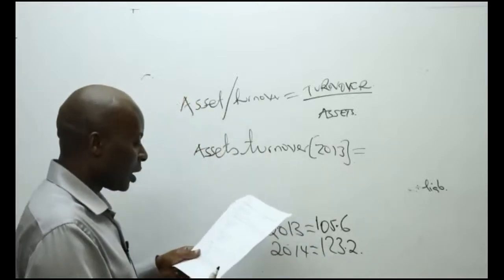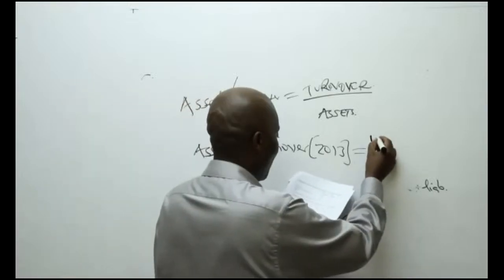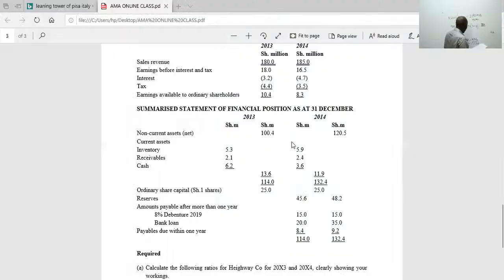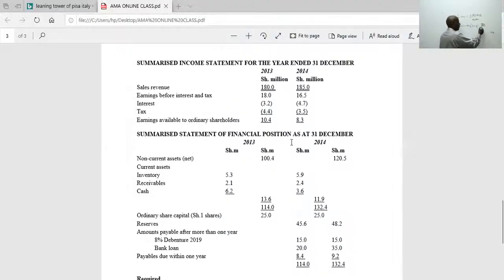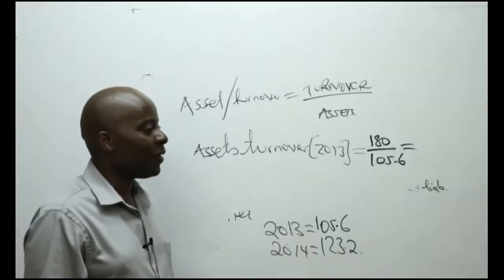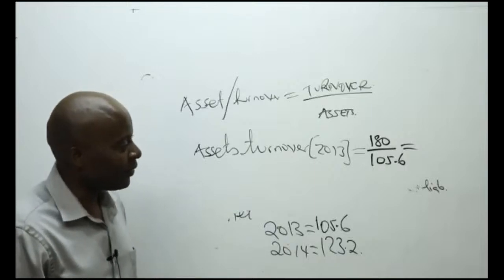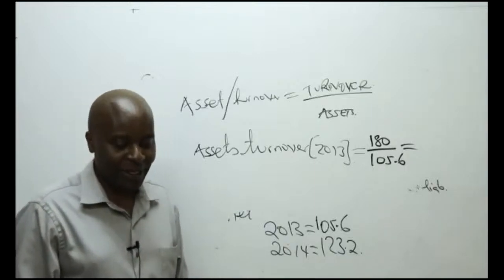Our sales for the year 2013, they are what here, somebody? 180. Divide this by the net assets of 2013 that you have given me, a figure of 105.6. Please give us an answer. 180 divided by 105.6. Please give us a figure.